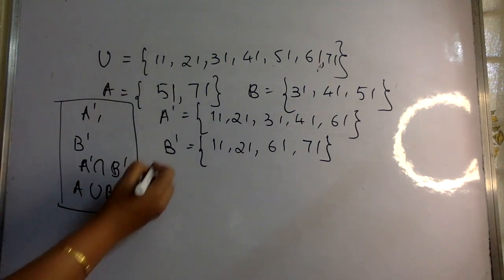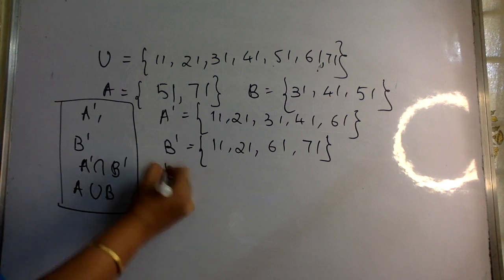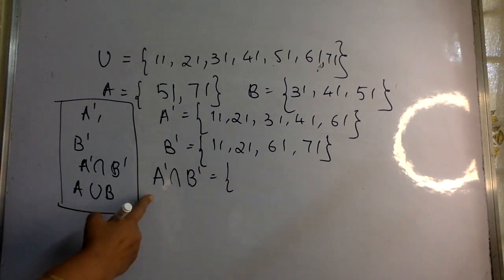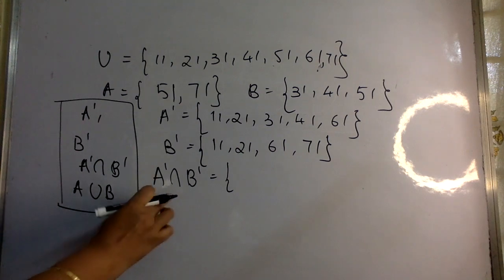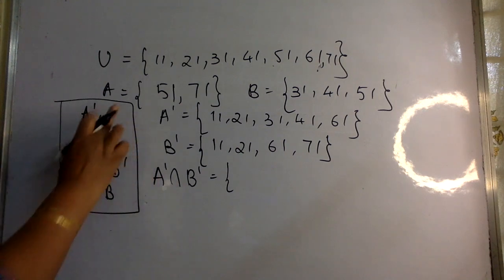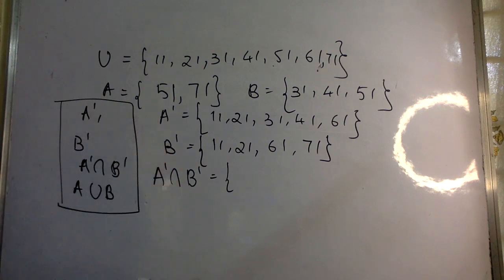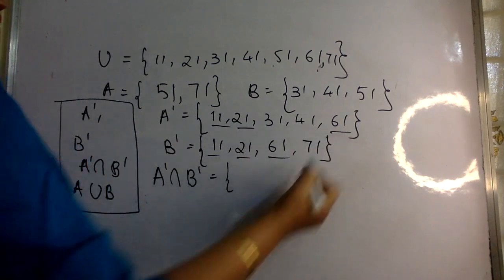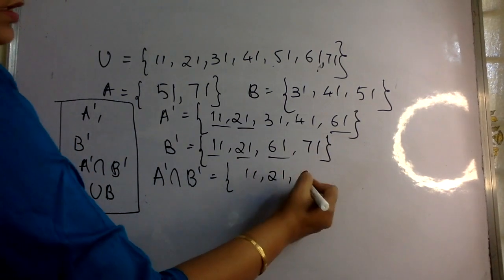Now I want to take A complement intersection B complement. Remember, we are not going to find the intersection between A and B anymore. We are going to find the intersection between these two sets. So 11 is there, 21 is there, 61 is there. So 11, 21, 61.